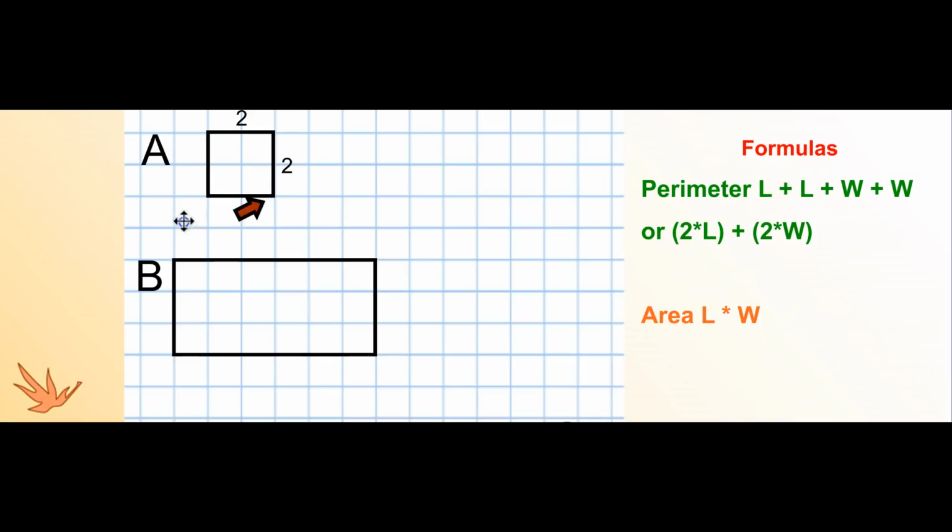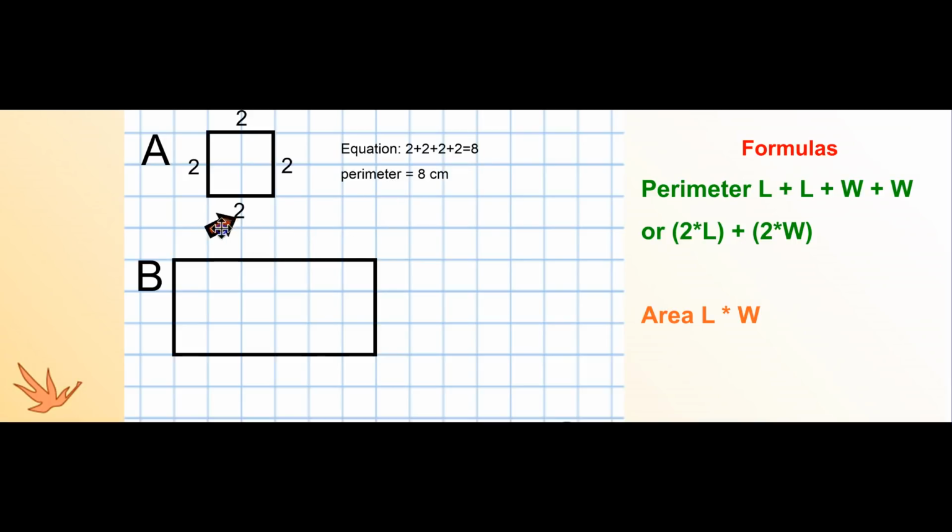This side is 2 centimeters. And my final side is 2 centimeters. My perimeter for square A, I can find by using my formula. So my equation would be 2 plus 2 plus 2 plus 2 equals 8. My perimeter is 8 centimeters.